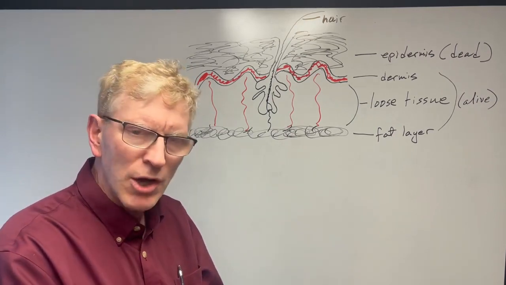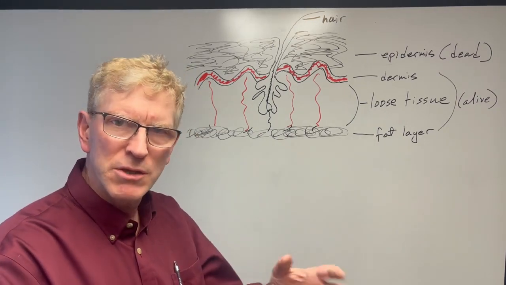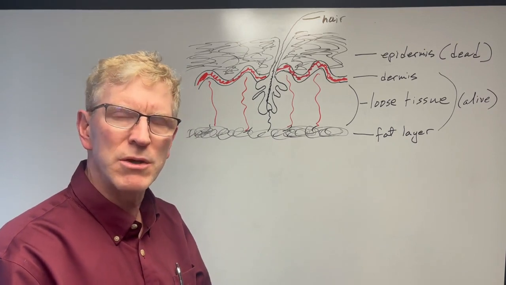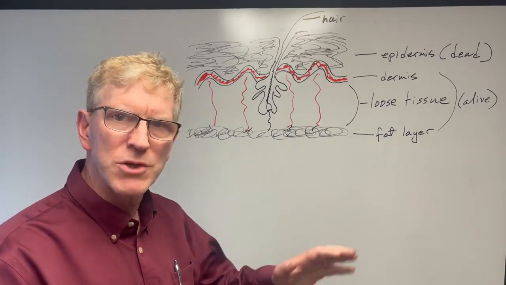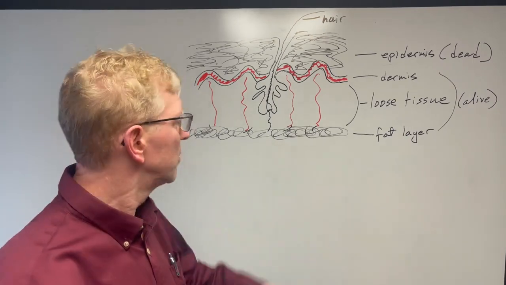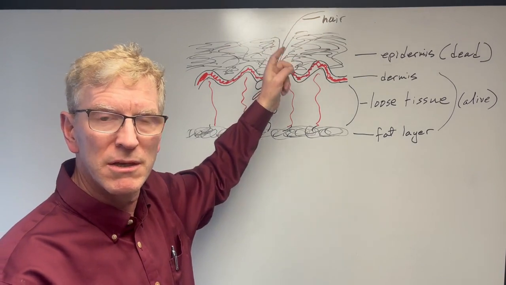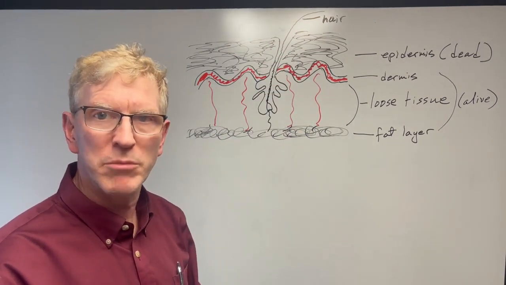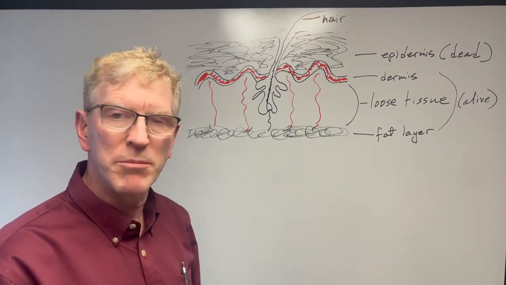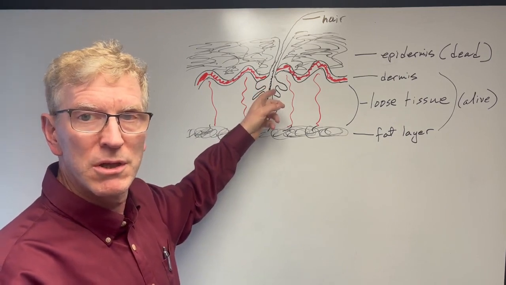So the fact that they overlap and there's many, many, many layers of them, that decreases how easily the outside world can get down into the living tissue. And then you throw this oil tarp over the top of it, which is produced in the oil glands and flows out onto the top of the skin, and that keeps the outside world out even better. We have kind of a problem though, and that is that sometimes this oil production is decreased.